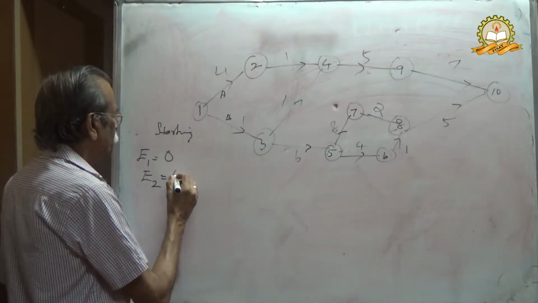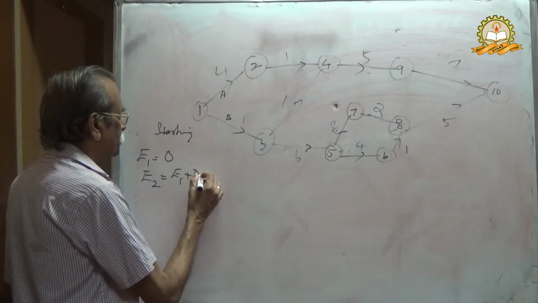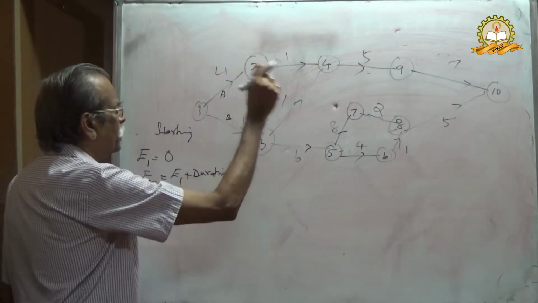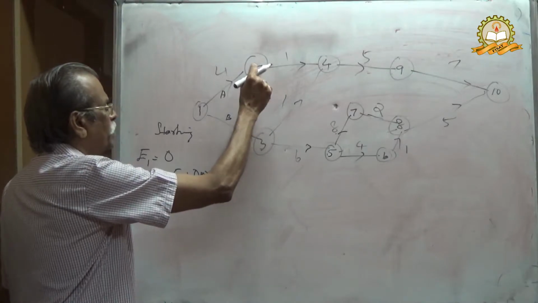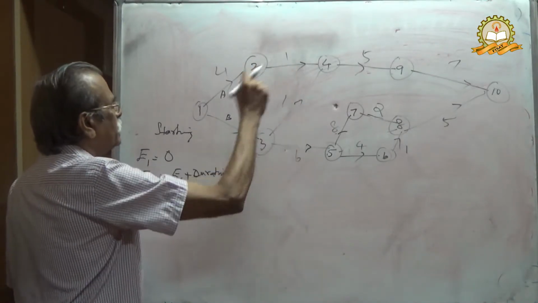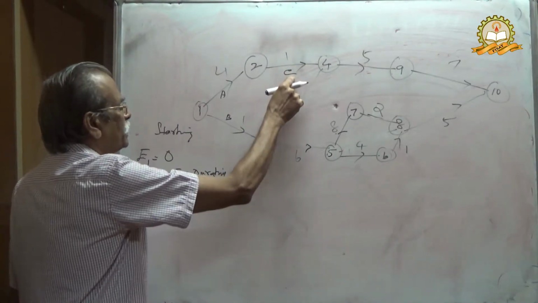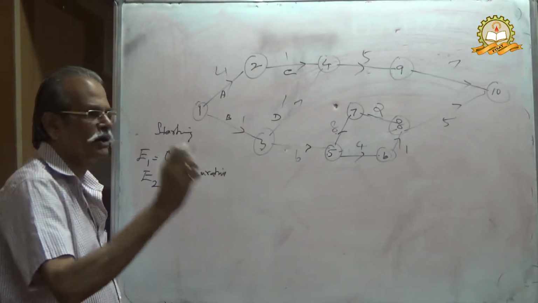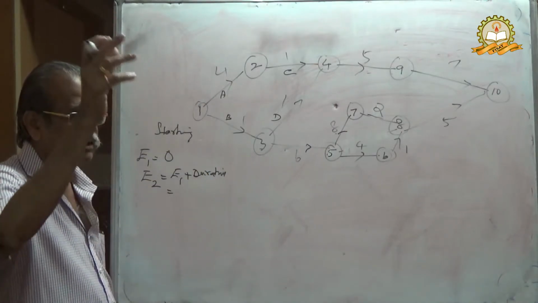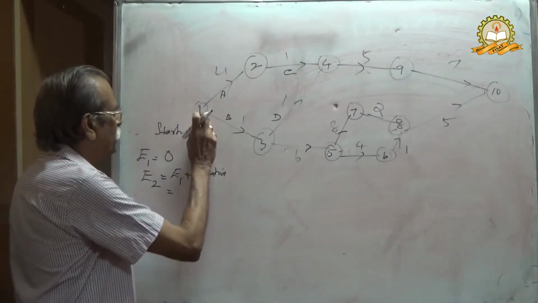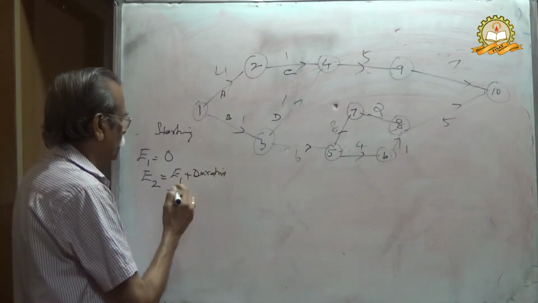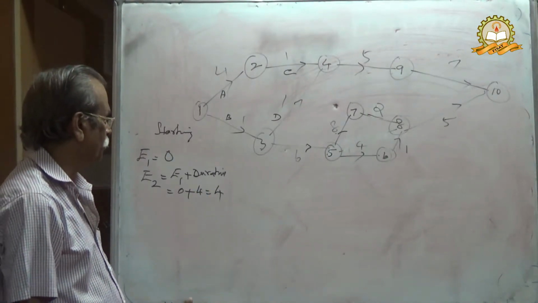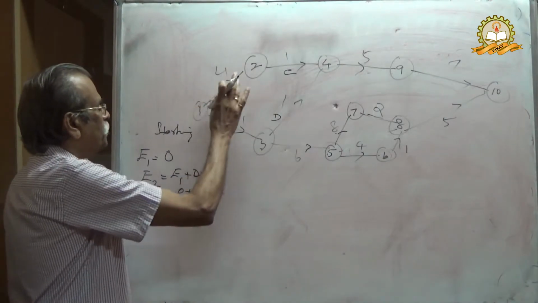E2 will be E1 plus duration, the earliest start time of activity A. If this is activity C, 2 to 4, then E2 is the early start time of event 2 under activity C. Therefore, E2 equals E1 plus duration 4, that is 0 plus 4 equals 4.